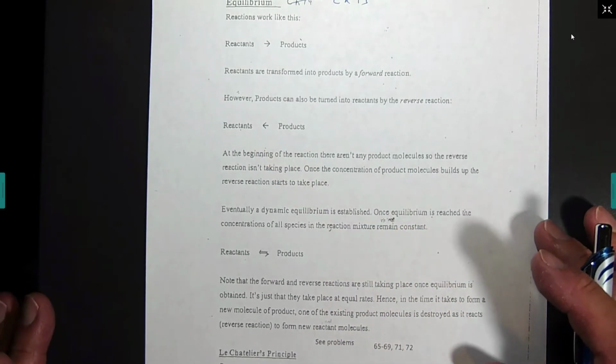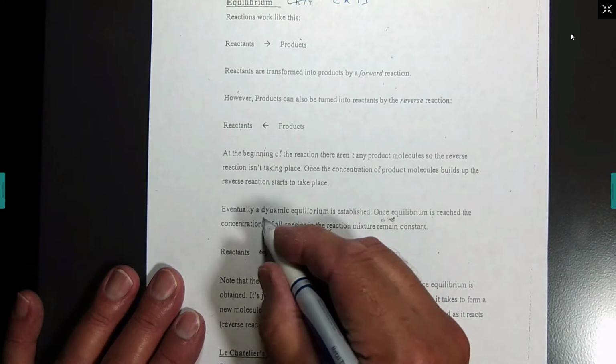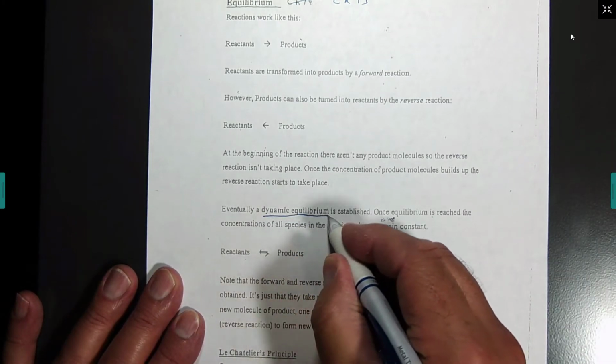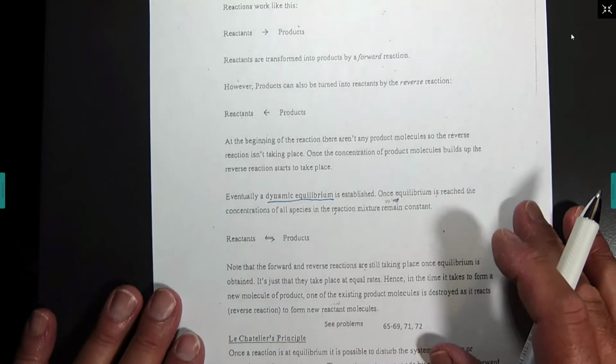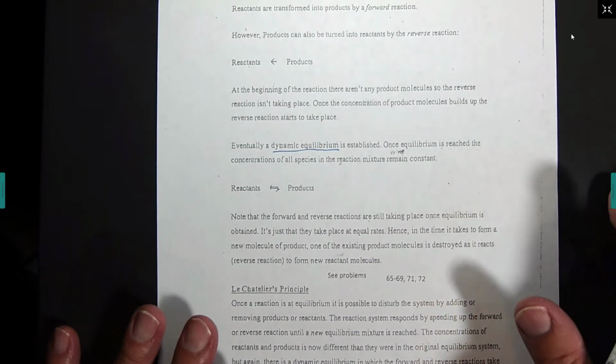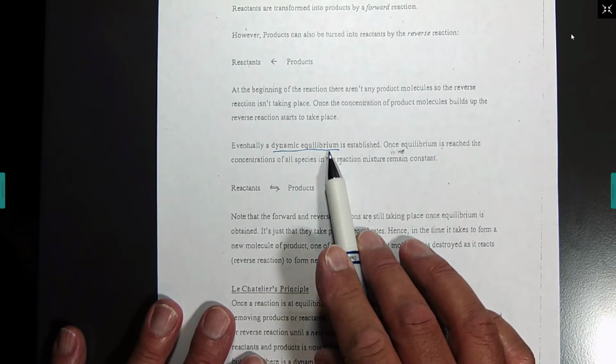At some point, you reach what's called a dynamic equilibrium. I know it sounds like an oxymoron. Dynamic makes it sound like something's happening. Equilibrium makes it sound like nothing's moving. So again, you end up with a dynamic equilibrium. And the idea here, equilibrium means, guess what?